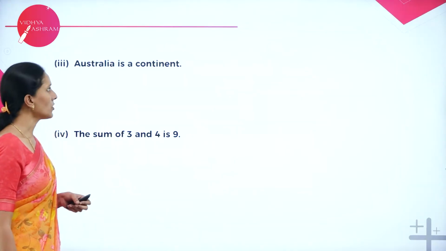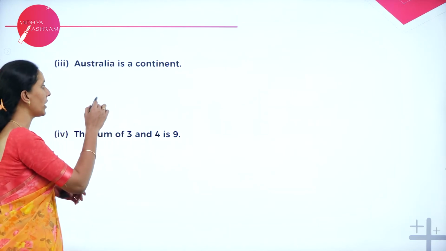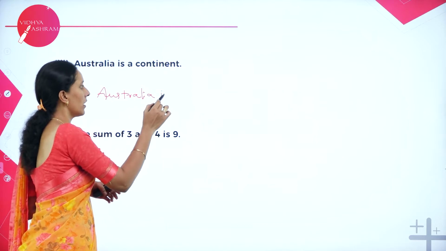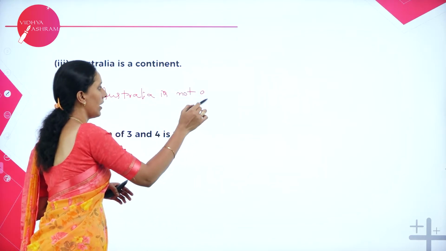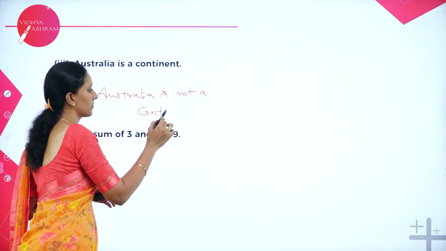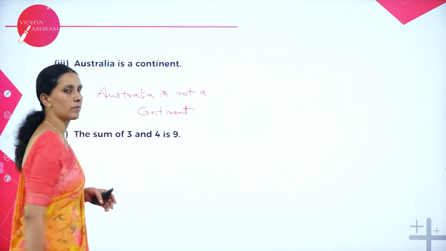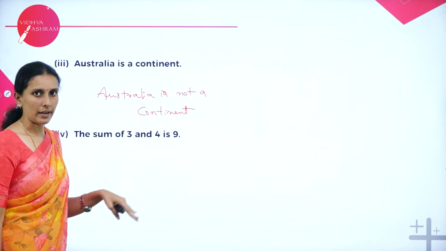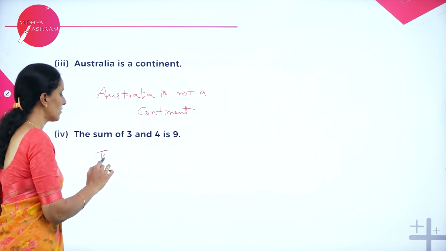Next one, Australia is a continent. How to negate it? Australia is not a continent. Next one, the sum of 3 and 4 is 9. So what will we conclude?